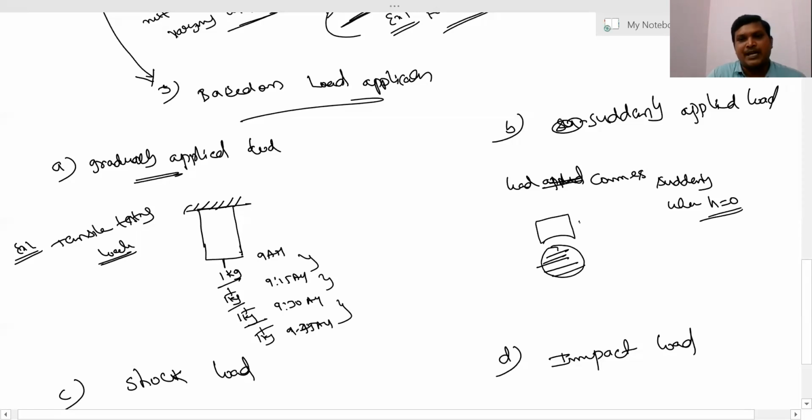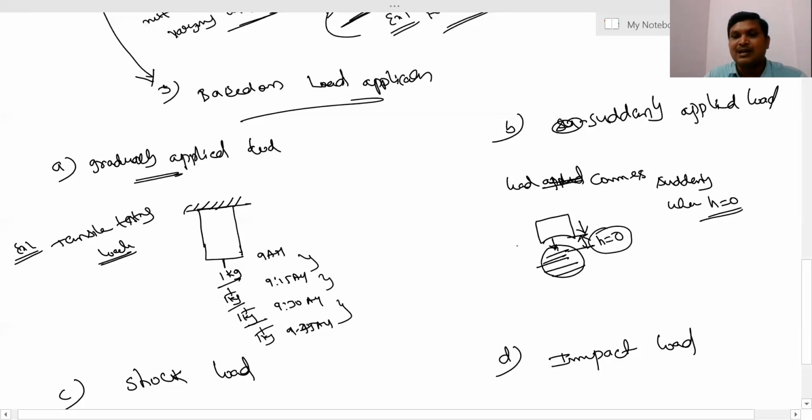If you are going smoothly on a road and suddenly an obstacle comes, what should you do? You suddenly apply the brakes. This means the load acts suddenly, the height between the brake shoe and the brake drum is almost 0, a negligible height.